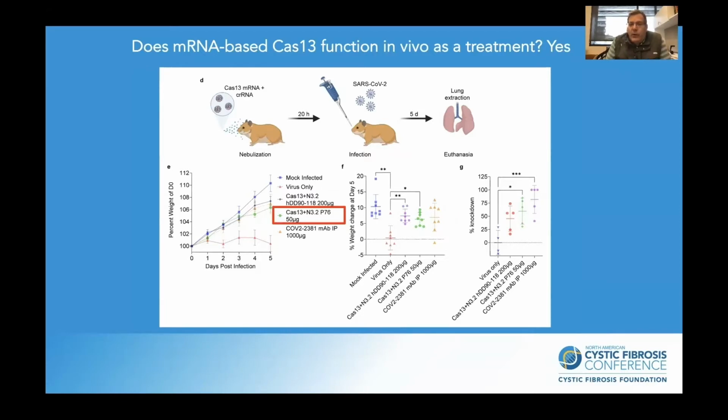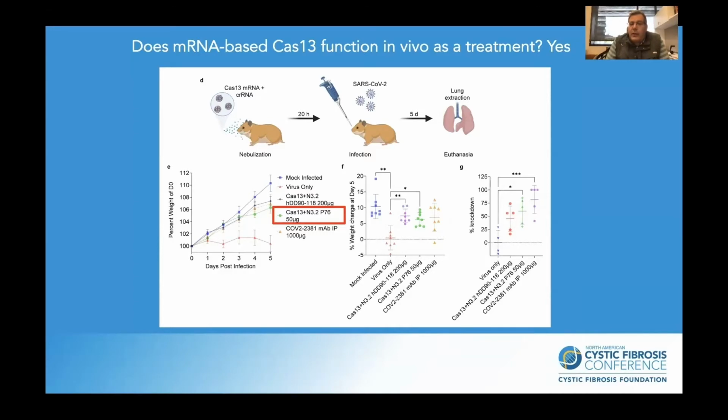But one of the things we wanted to do is that in that particular work, we had used the polymer from Dan Anderson's lab, great polymer. But because of the fact that with Cas13, in general, we get very good delivery with polymer 76, we thought we should be able to lower the dose. And so we brought the dose down to 50 micrograms and actually compared that to a 200 microgram dose using the Anderson polymer.